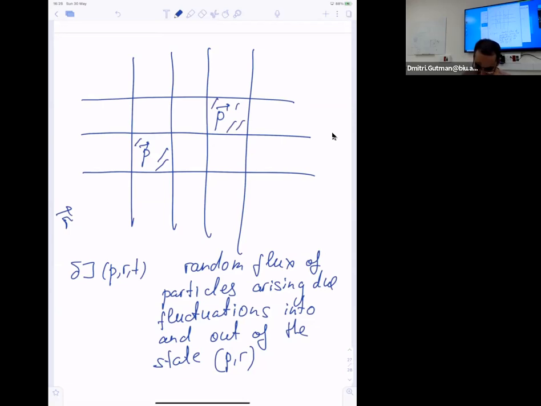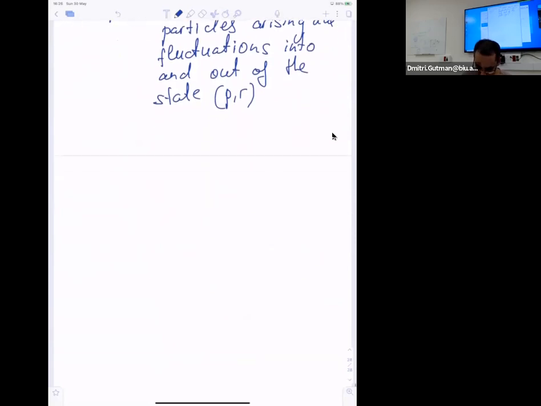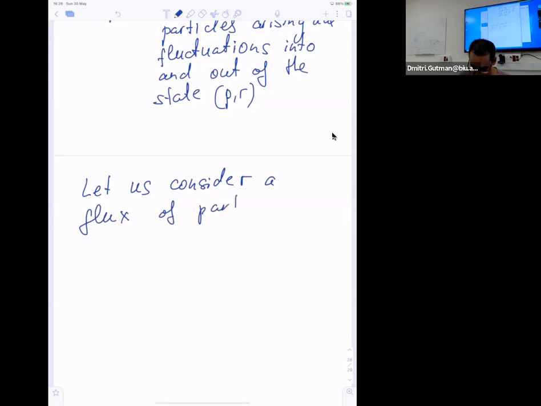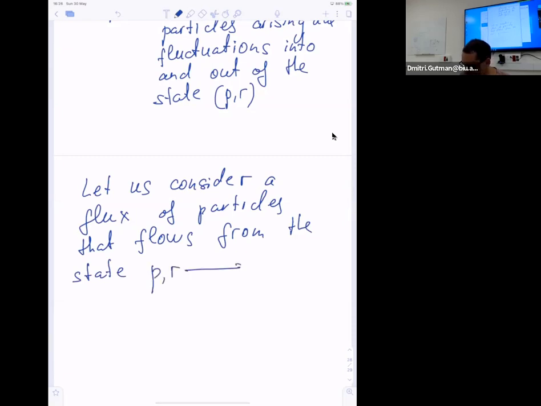Let us see what happens with these random fluxes. Let us consider a flux of particles that flows from the state P, R into the state P prime, R. We assume that collisions are local in space, so if an electron scatters off something, say a random impurity, at the point R, it scatters at a given point.